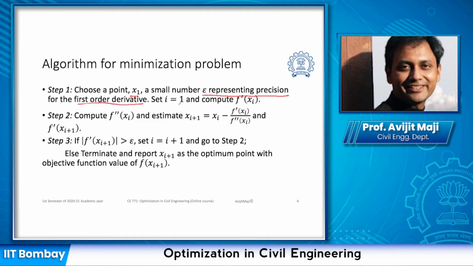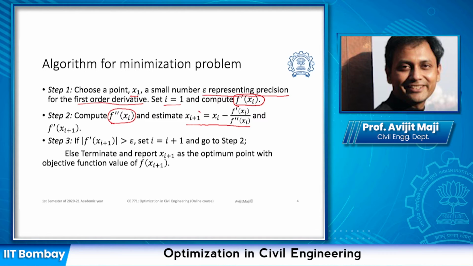At this point, we set the counter i equal to 1 and compute the first order derivative at the point. Then we look into the second order derivative as well at that particular point. Once we find the second order derivative, we can find the refined point by the equation which we discussed in the previous slide.